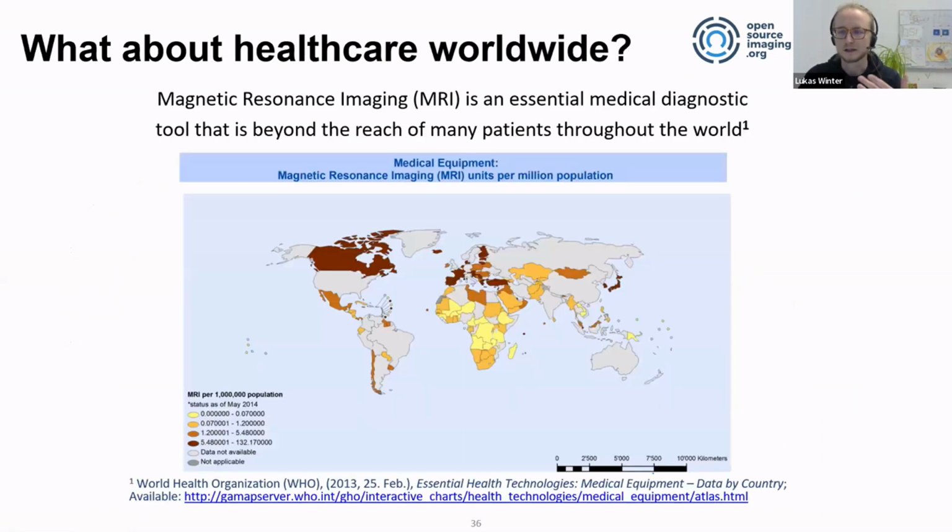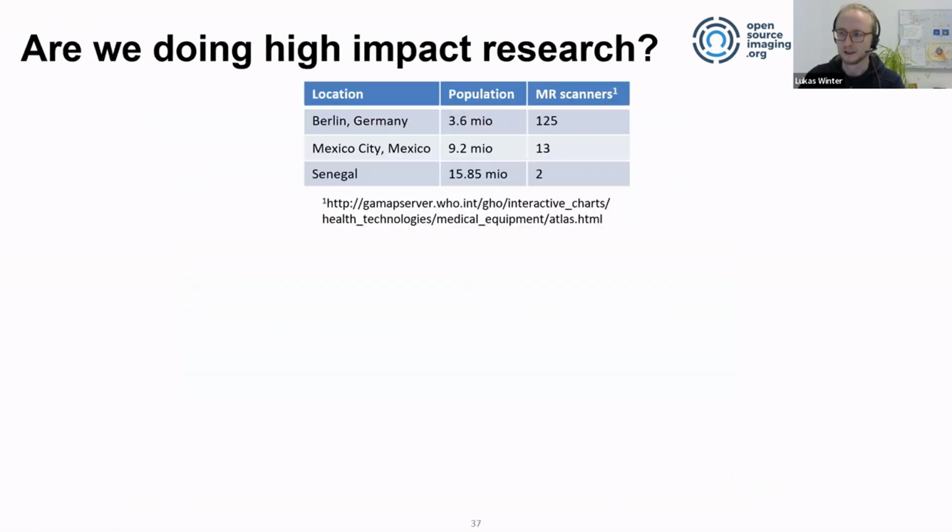And then looking across the globe, even if we put a low-field system in there, this would be like reinventing MRI, because maybe it's the first system that is being used clinically. So this is heavily unequally spread. And this is also one of the motivations of this project, to actually change that.